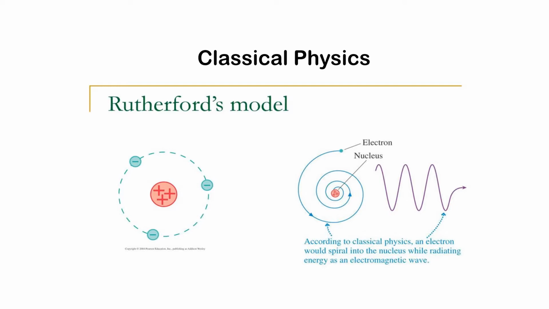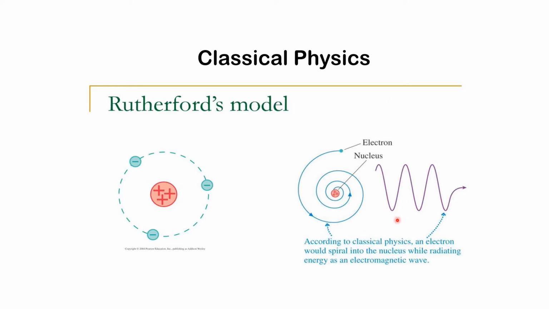When atom models were evolved many years ago, Rutherford suggested that the core of an atom, called the nucleus, comprises positively charged particles called protons and neutral particles called neutrons. And the negatively charged electrons were revolving around the nucleus of the atom.